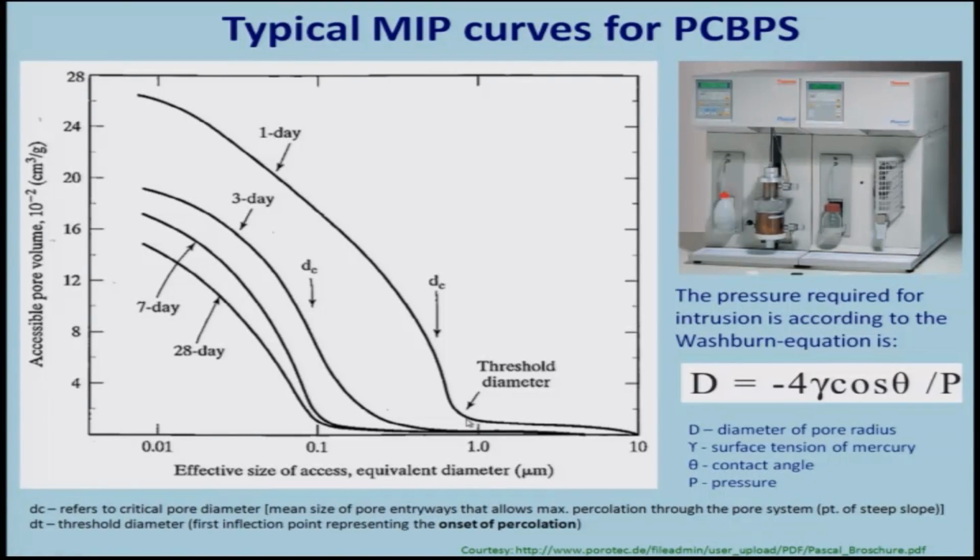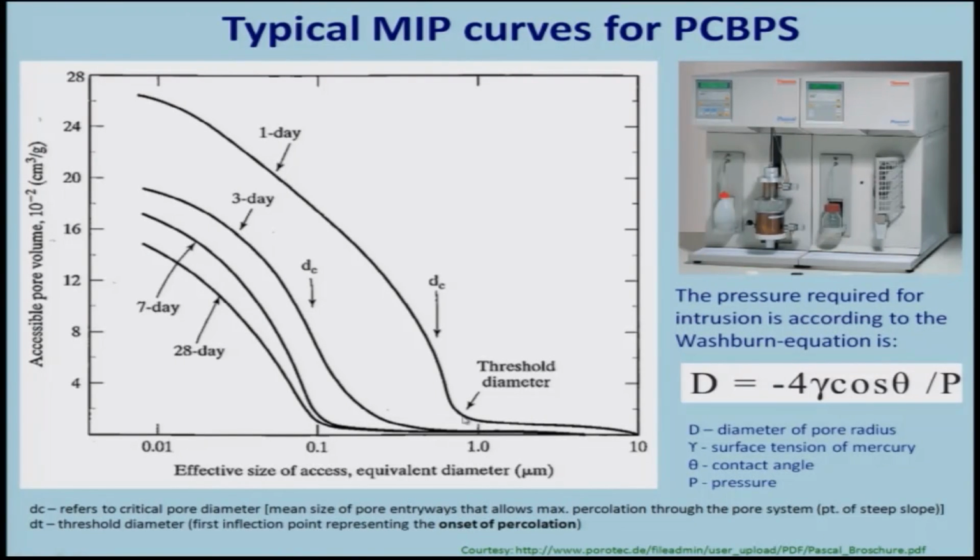And once the threshold volume is reached, after that the mercury requires more pressure to actually penetrate into the cement paste sample. So, the terminology provided here as threshold diameter refers to the diameter which represents the onset of percolation, which means that from this part of the curve to this part of the curve, mercury does not basically enter into the cement paste sample.